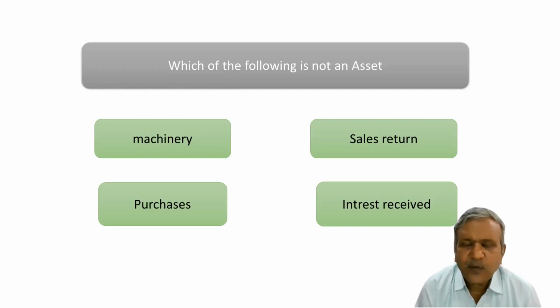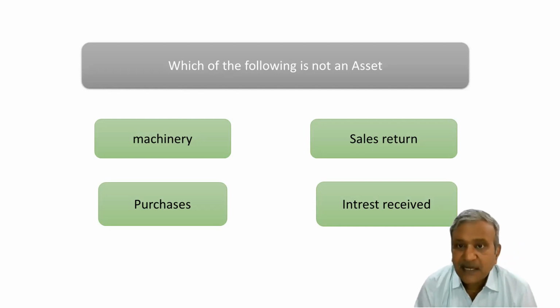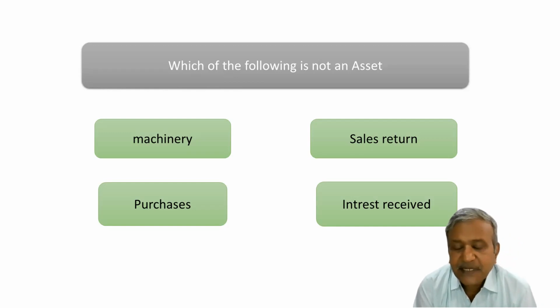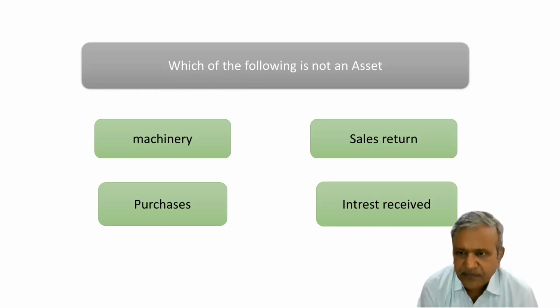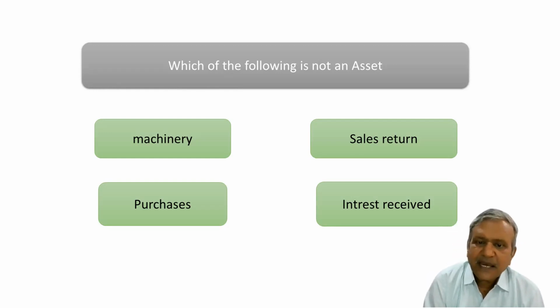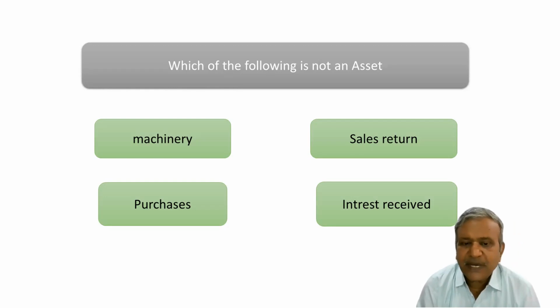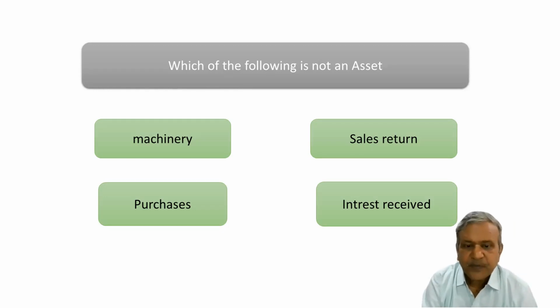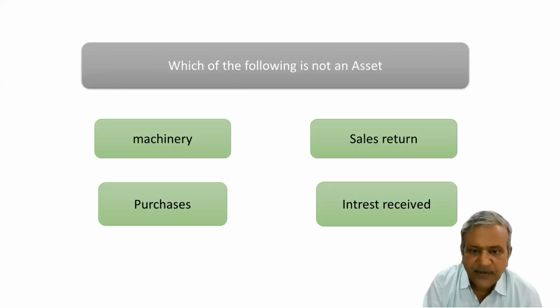A sales return, whatever sales are returned, that material is coming back to us, so it is also an asset. Interest received is an income. It is not an asset. That's the reason we have to categorize it in the proper way. Okay, shall we go for the next one, please?